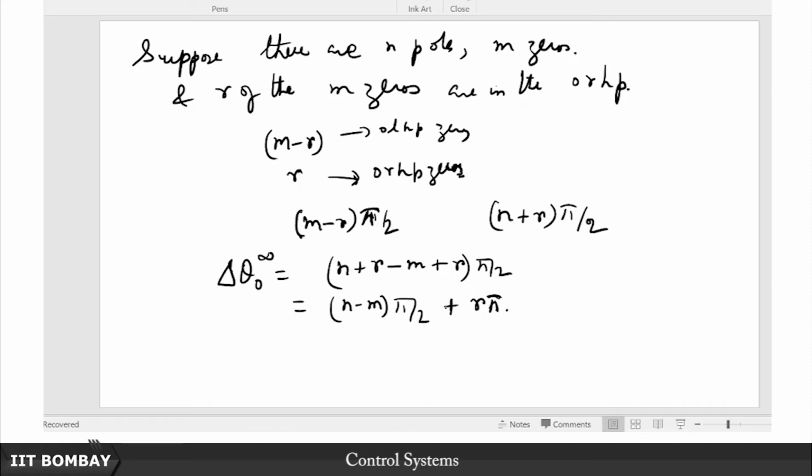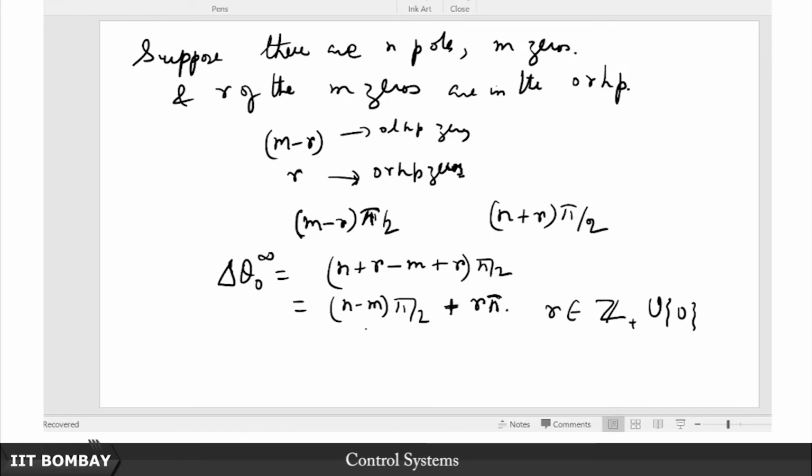That is exactly the net phase change. Now, because r is a positive integer, or at least a non-negative integer, it is either 0 or a positive integer.